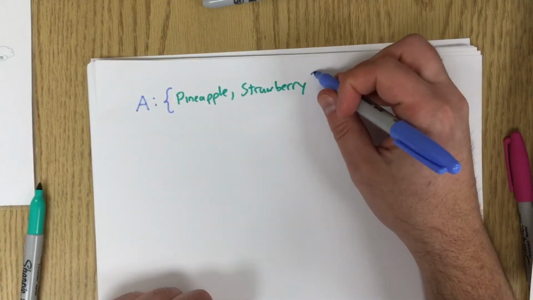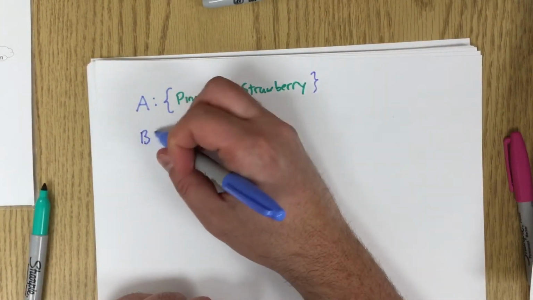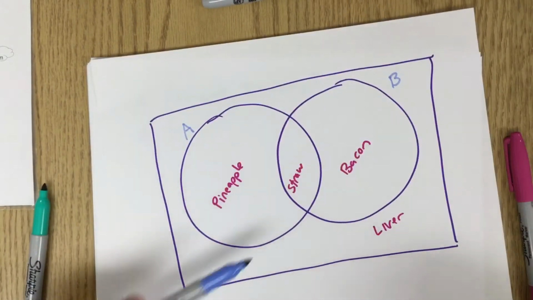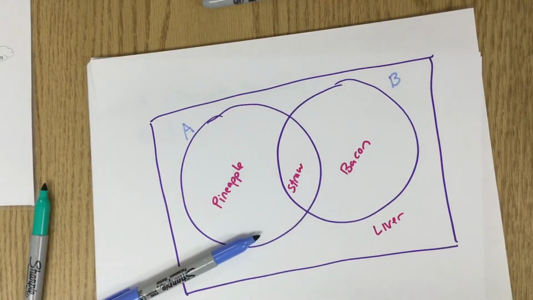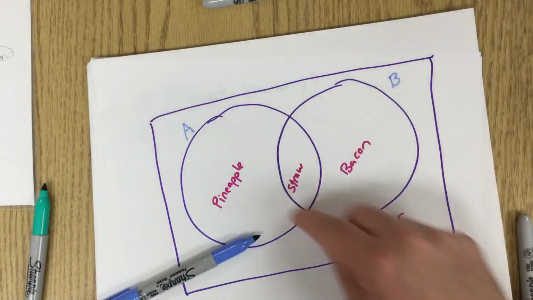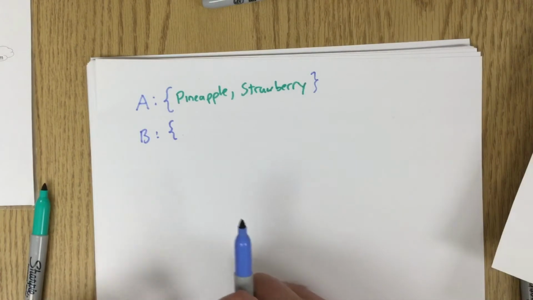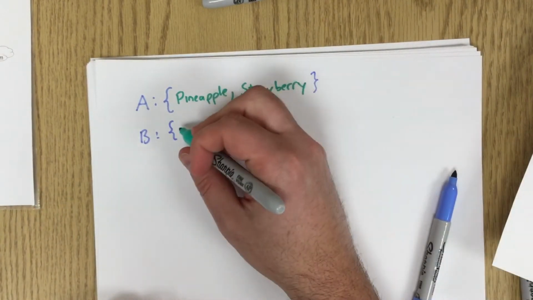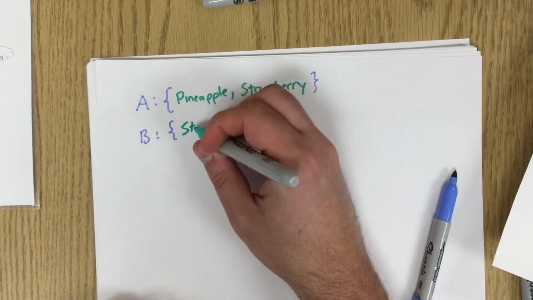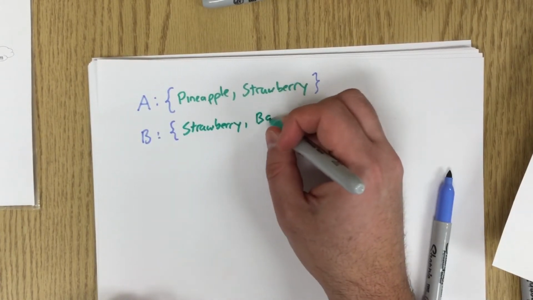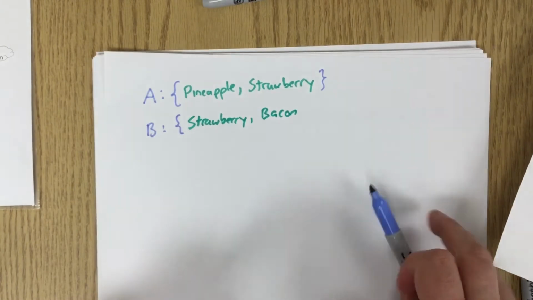And then I want to know what is in B. If we look at the circle of B, we have strawberry and bacon. So B is going to have strawberry and bacon.